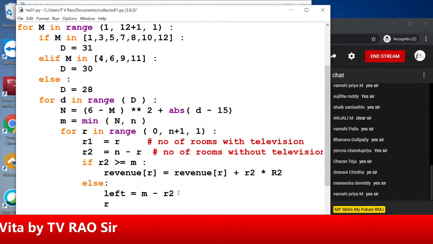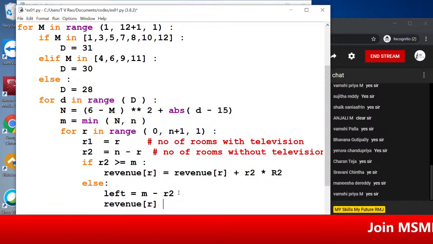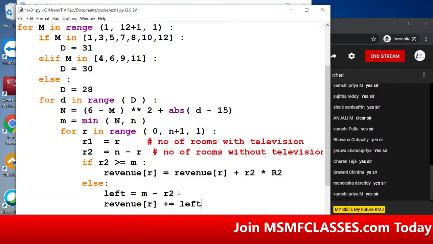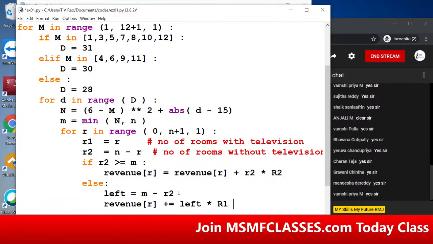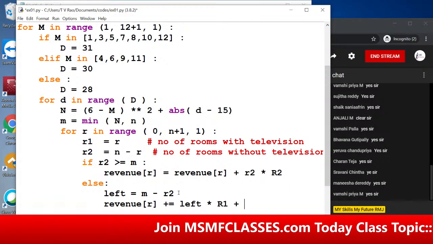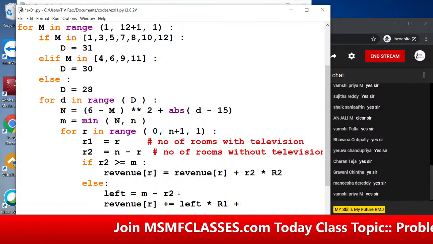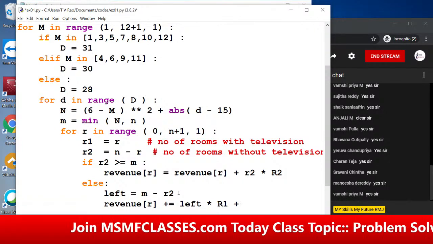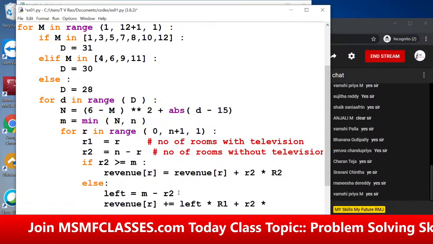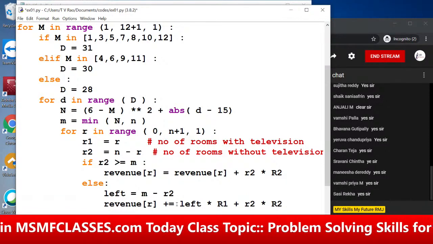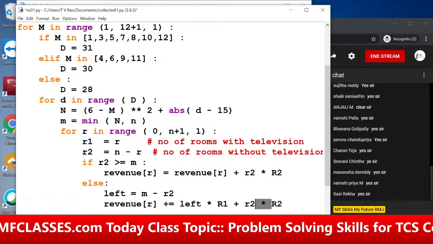Now, what is revenue then? What is revenue with R rooms? This is cumulative revenue: leftover rooms into higher tariff plus rooms occupied with low tariff.